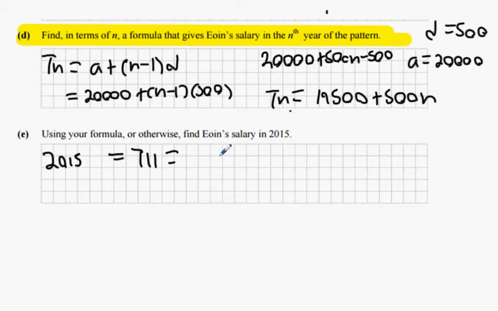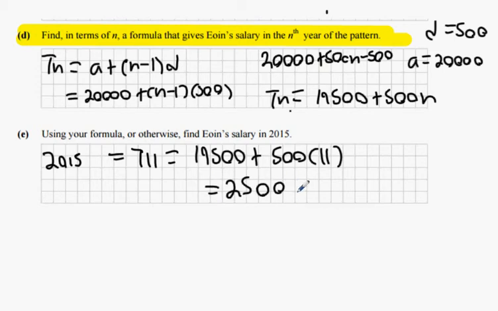How do you get T11, anybody? Replace n with 11. 500 times 11, and what you should get here is 25,000 euro. We okay with that? 25,000 euro for n equals 11. Very cool. Okay.